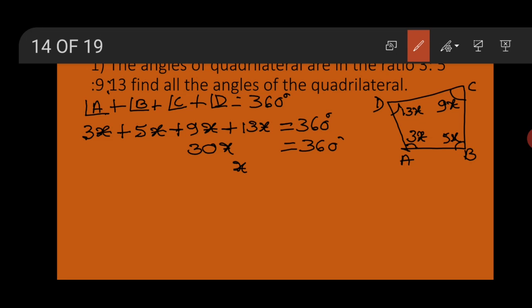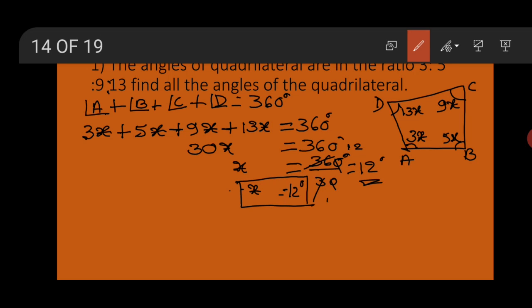Therefore what is x? x is equal to 360 degrees divided by 30, is equal to 12 degrees. Therefore x is equal to 12 degrees.